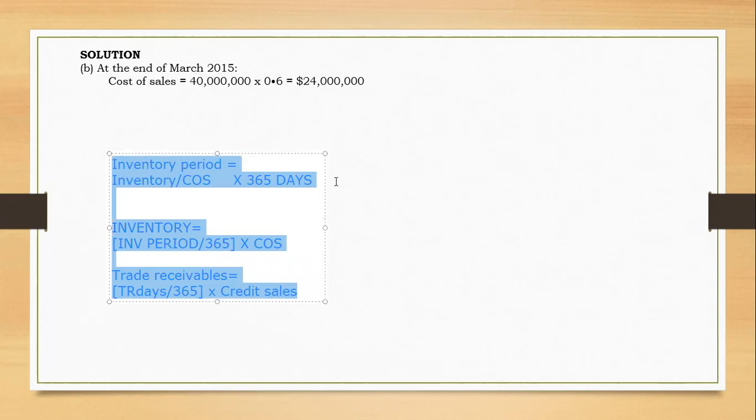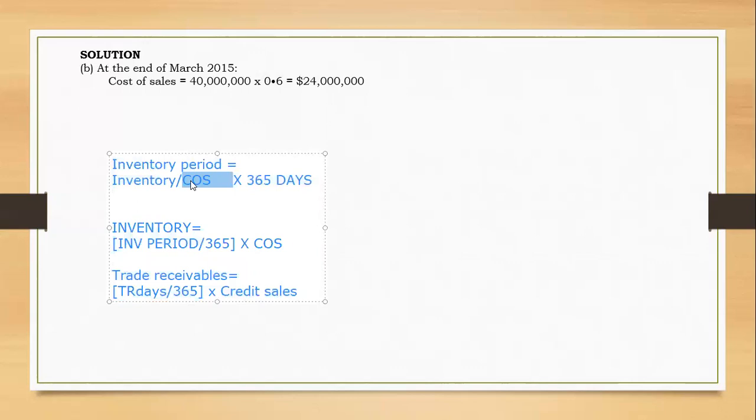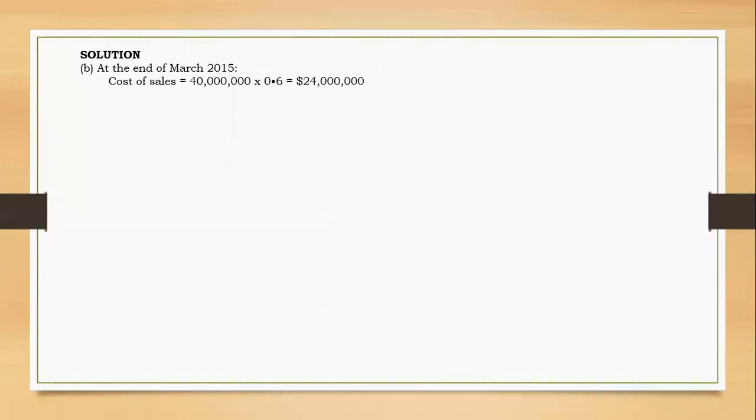All right. So after having obtained this, I think you can proceed. You can see why we determine the cost of sales. We will need it here. The question told us that cost of sales is 60% of the sales, right? We saw that from the question. So we'll proceed now.